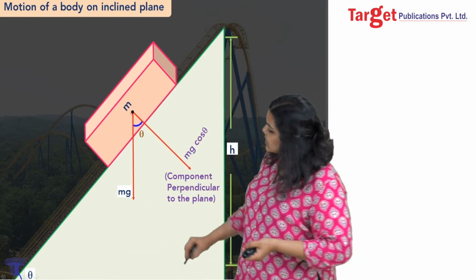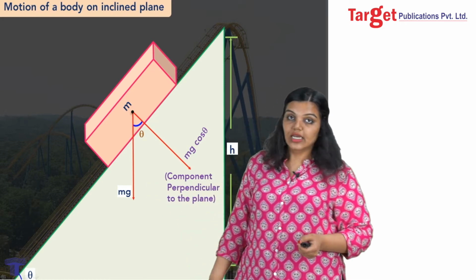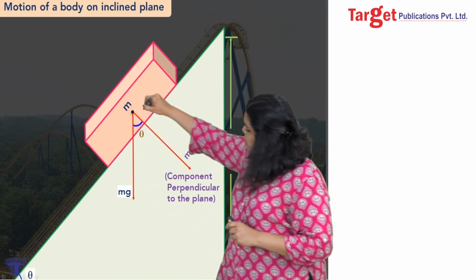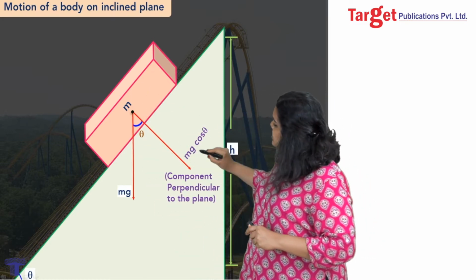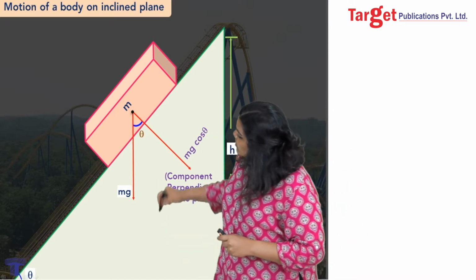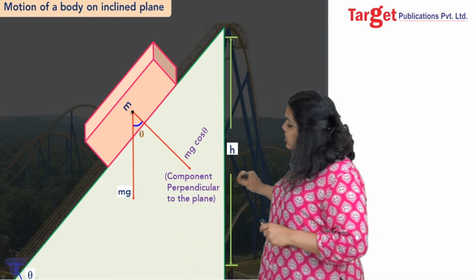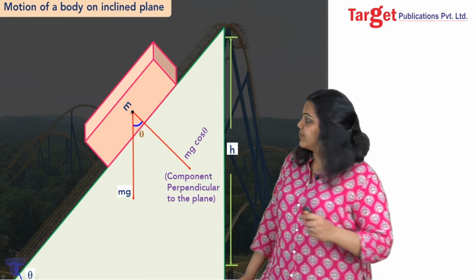The point to note is I have resolved this weight mg in the direction perpendicular to the plane, and I have called this mg cos theta, and therefore this is the component of the weight perpendicular to the plane.